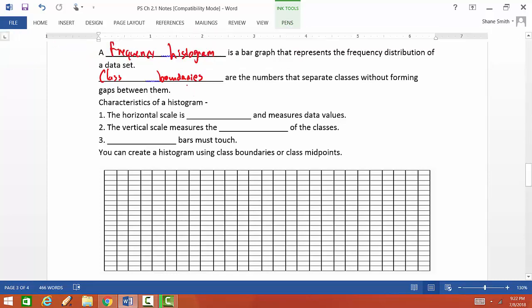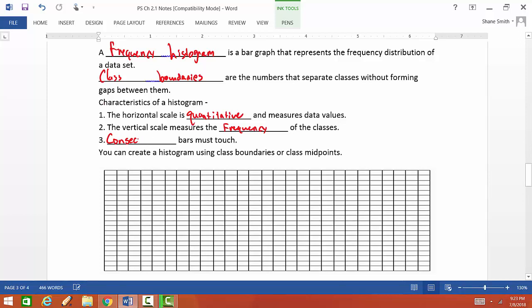Other characteristics of our histogram is that the horizontal scale is quantitative, because we're dealing with a quantitative data set. The vertical scale measures the frequency, and consecutive bars must touch.